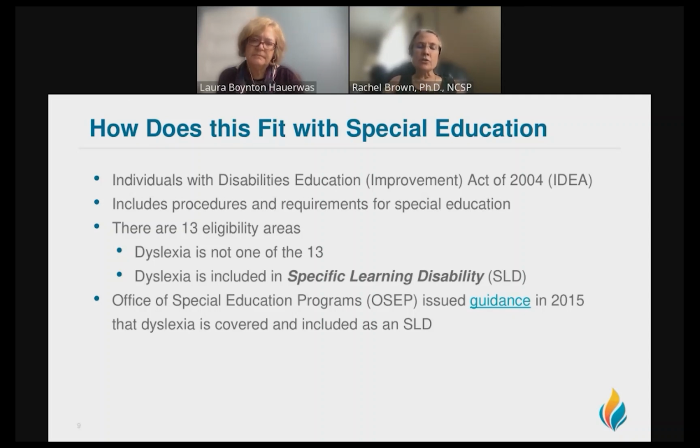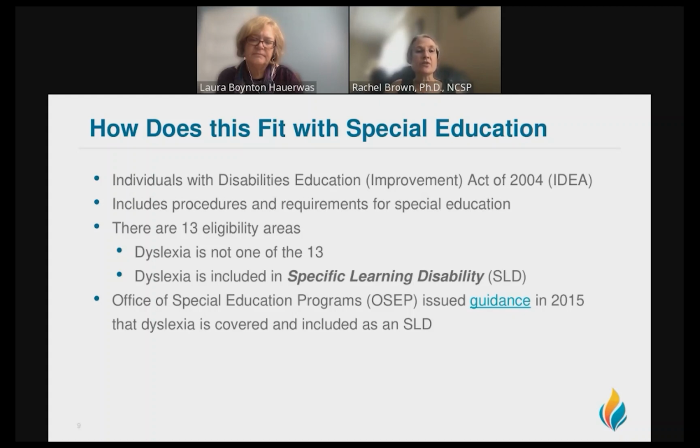Our law includes 13 specific different types of disability that are covered under this law, and one of those is called specific learning disability. Now, it's the case that dyslexia is not one of the 13. However, it is included within the category of specific learning disability.